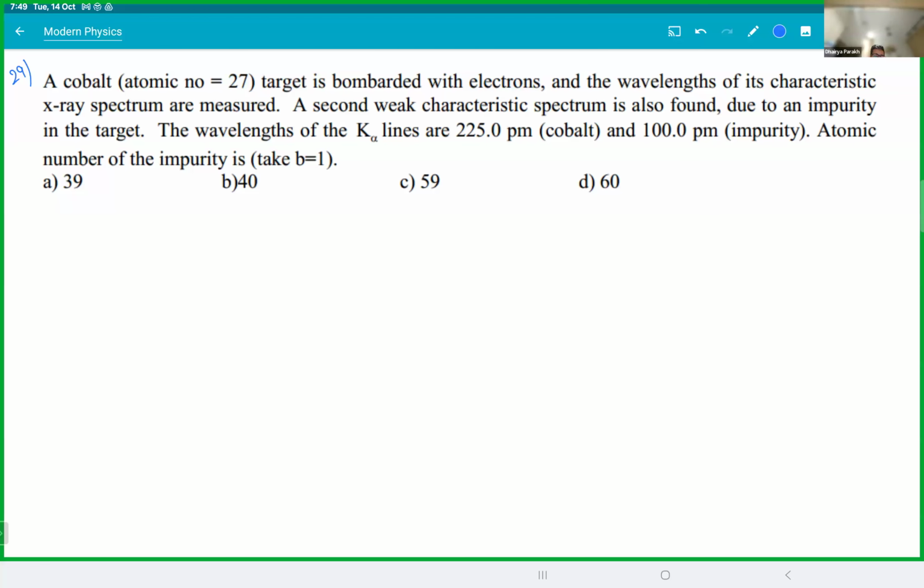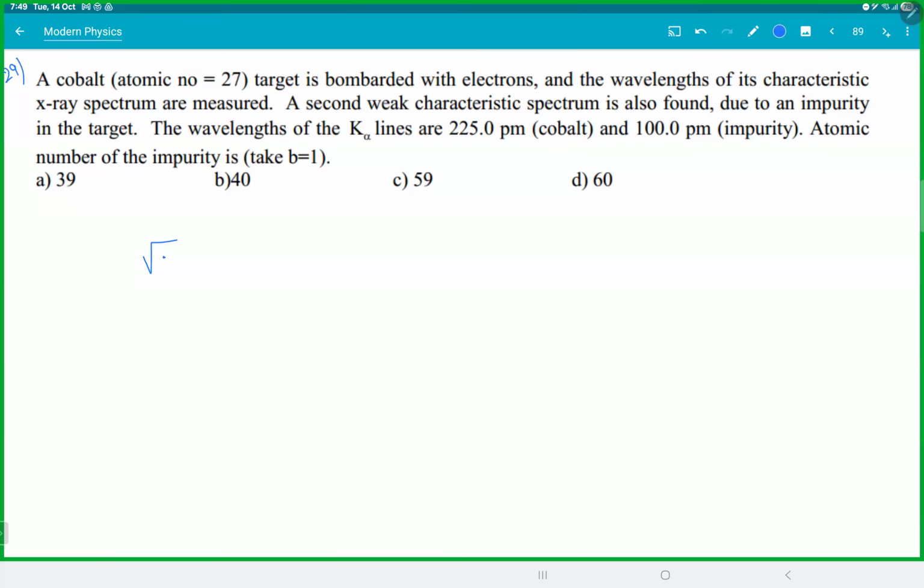So this will be root frequency. Again, he's talking about wavelength. So root over C by lambda is A into Z minus B.